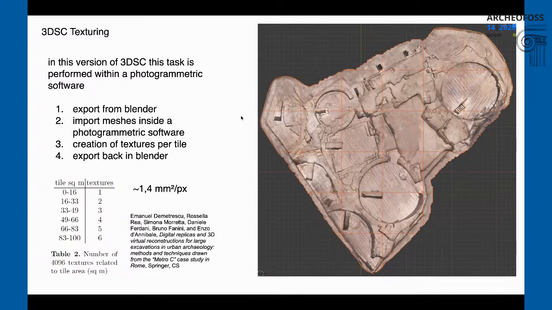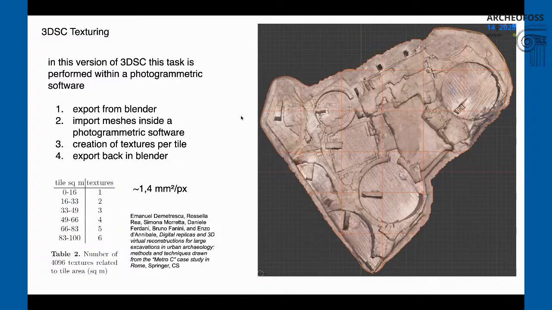We use a magic formula, something like this. We are confident with these parameters, let's say that. So we are going to texturize 100 square meters with 6 textures of 4,096 pixels square.